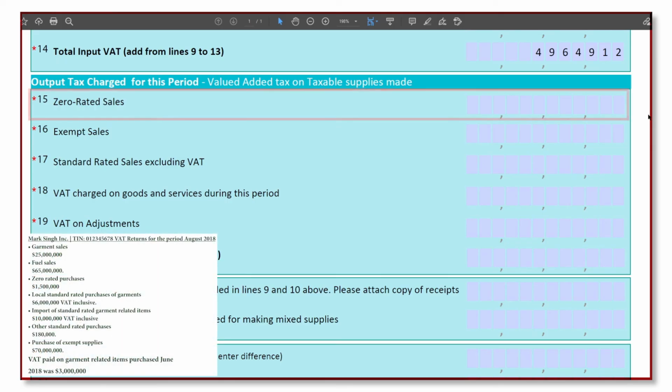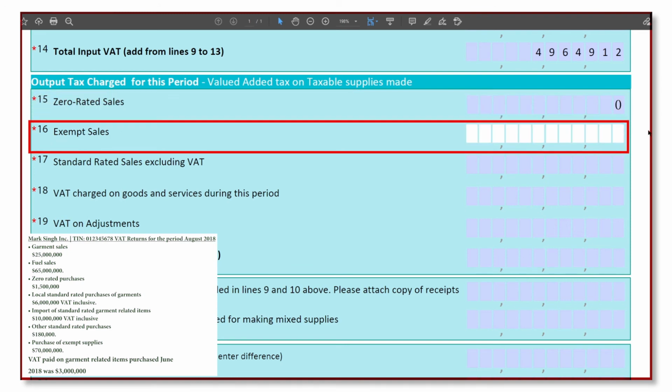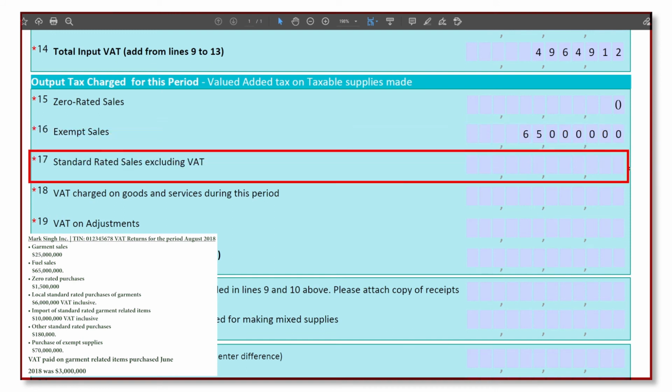Tax computation, output tax charged for this period. Mark Singh Inc. had no zero-rated sales for this period. Therefore, we enter 0 in line 15. As mentioned before, fuel is exempt from VAT. Therefore, we enter $65 million in line 16. In line 17, we must state the standard rated sales, excluding VAT, which is the $25 million from garment sales.